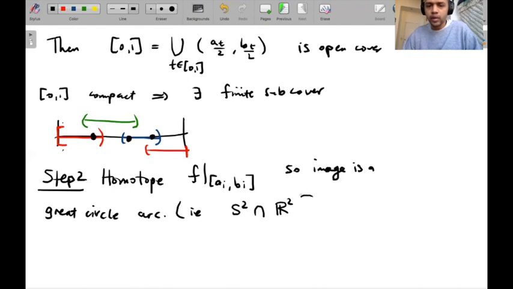This is a plane through the origin in R3.